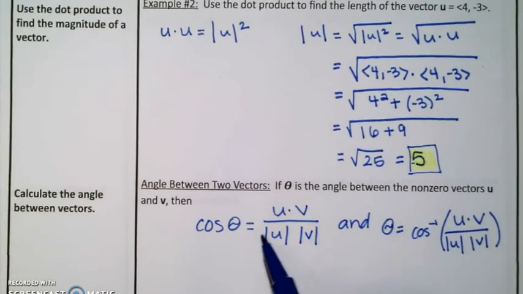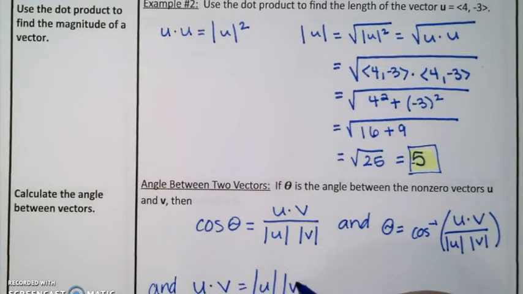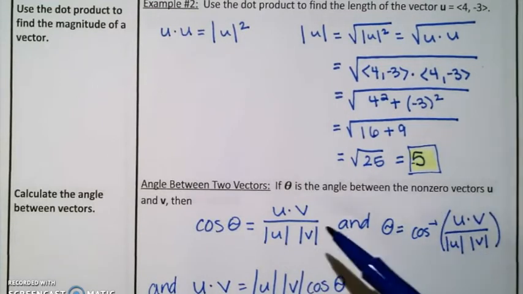Or we can use this equation and solve for u dot v, so u dot v equals the magnitude of u times the magnitude of v times cosine of theta. So we get all three of these equations that are really saying the same thing, but they're solved for different parts of the equation.